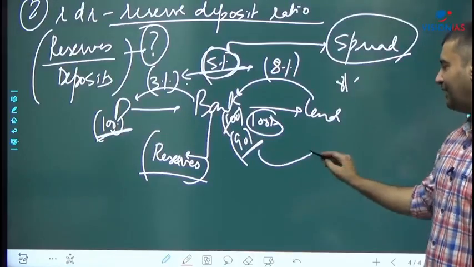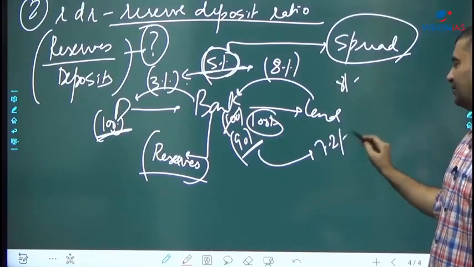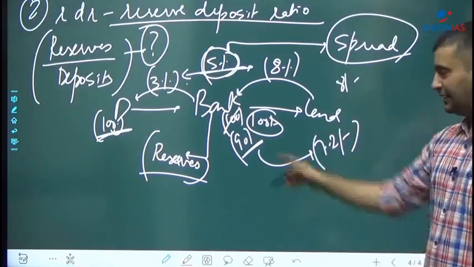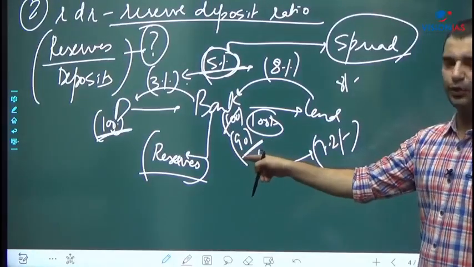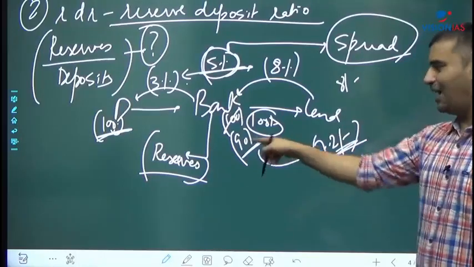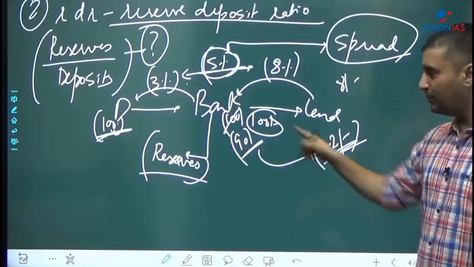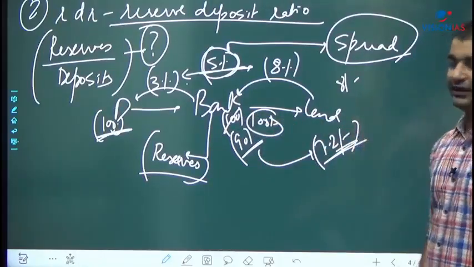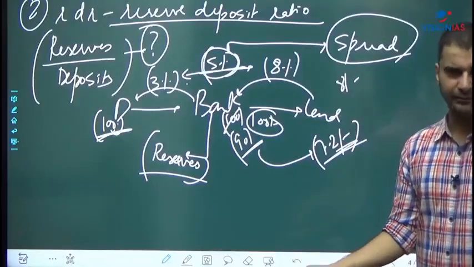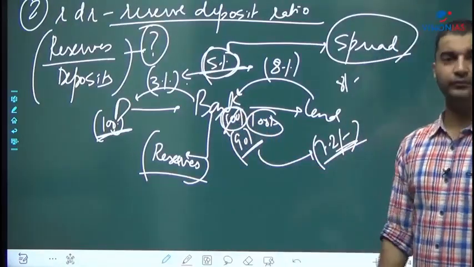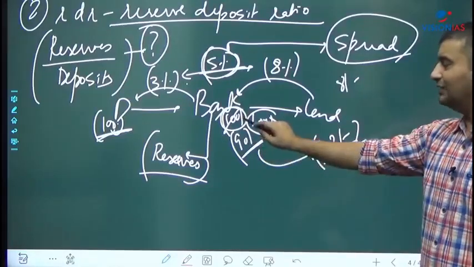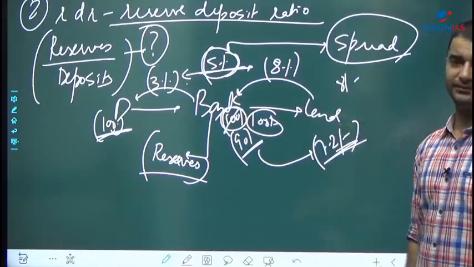That means bank in this case will earn 7.2 rupees. So in this case, bank will earn only 7.2, but by lending 100, it will earn 8. What will bank prefer? बैंक तो चाहेगा कि पूरा का पूरा 100 lend कर दें. This is what bank will prefer, to lend entire 100.